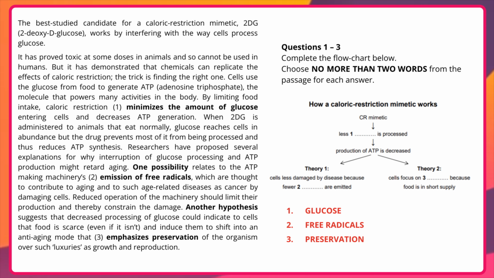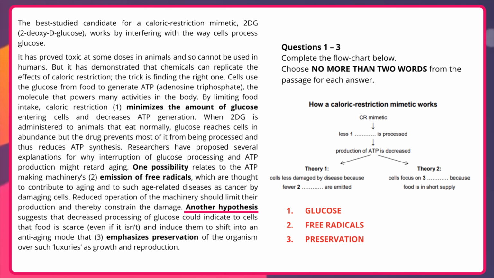Here if you see the passage, the last 5th line, which talks about another hypothesis, that is theory 2. And the last line very clearly says that food is scarce, that means food is in short supply, and it is important to focus on preservation. That means emphasizes preservation. And that is why we take the answer as preservation.